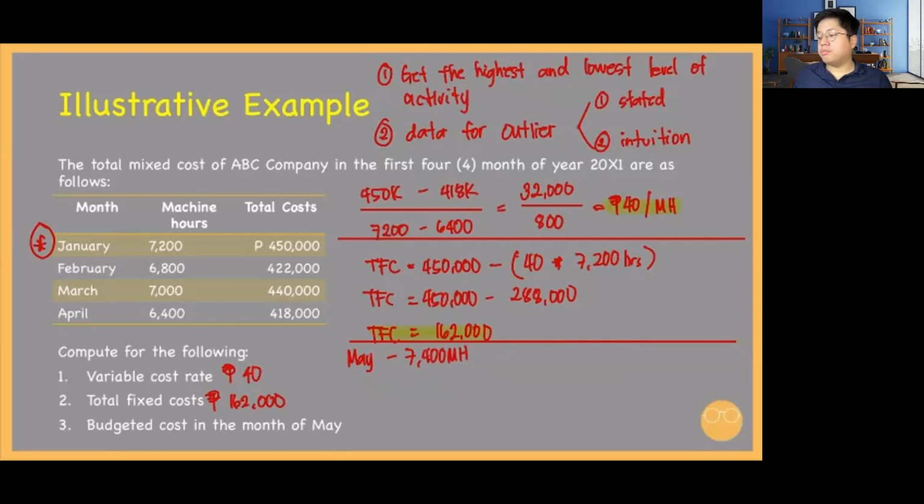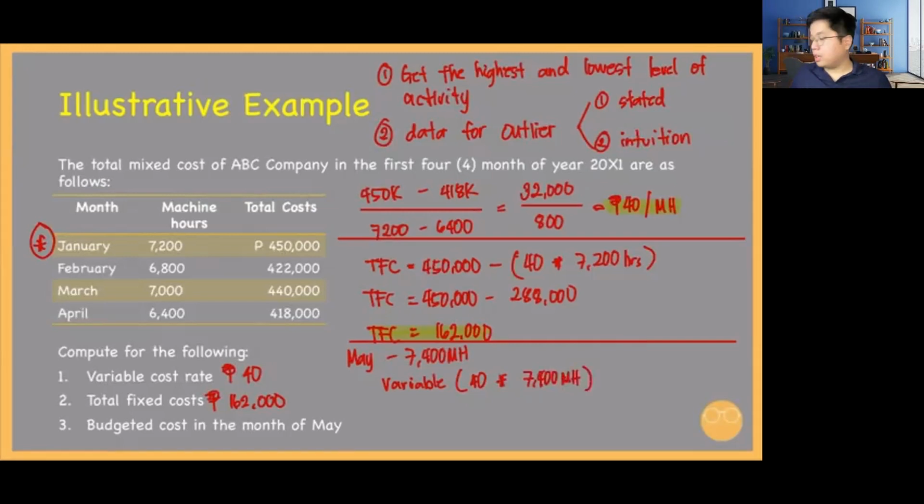Let's try to answer the last requirement. Assuming that for the month of May, the total machine hours incurred here is 7,400. So the variable component, assuming that this 7,400 machine hours is within the relevant range, then all the cost behavior that we have talked about in the previous lecture video will be held constant. The variable cost rate here is 40 pesos multiplied by 7,400 machine hours.